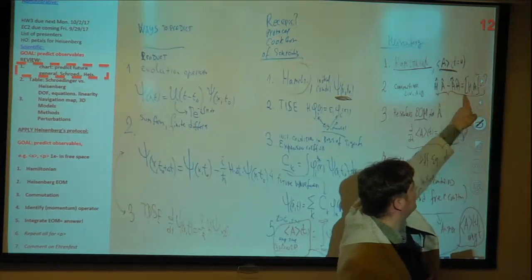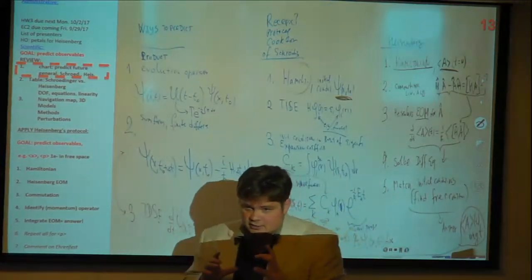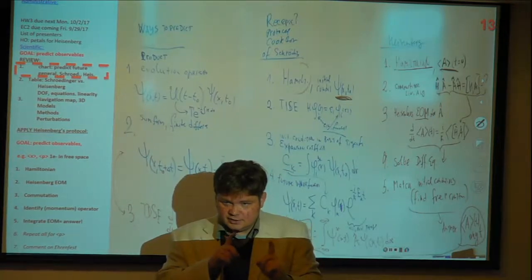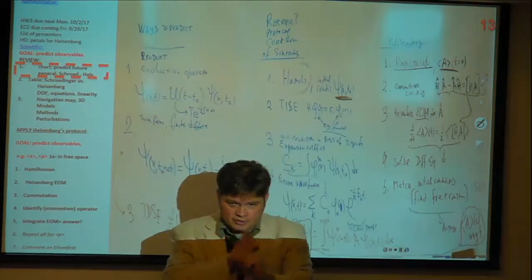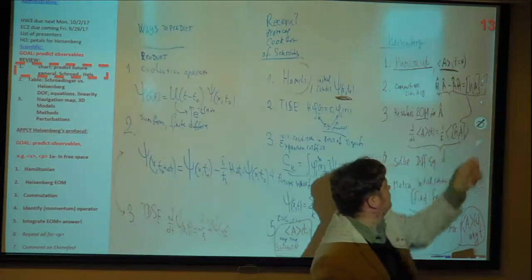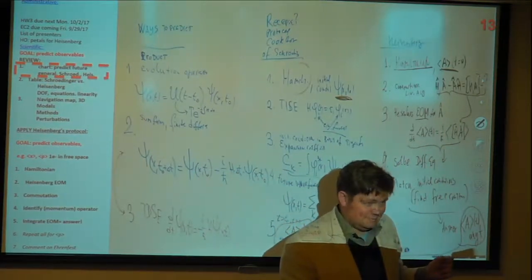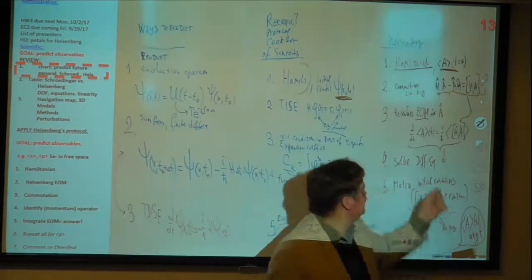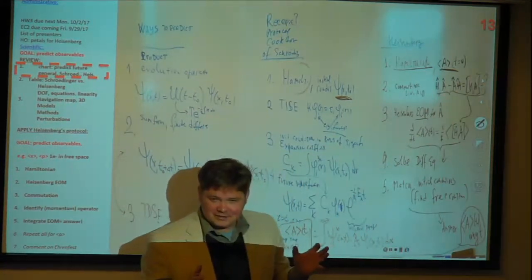So when you see these square brackets of two things, it means subtraction of their product in different order. Okay? So HA minus AH. Commutator means AH minus HA.